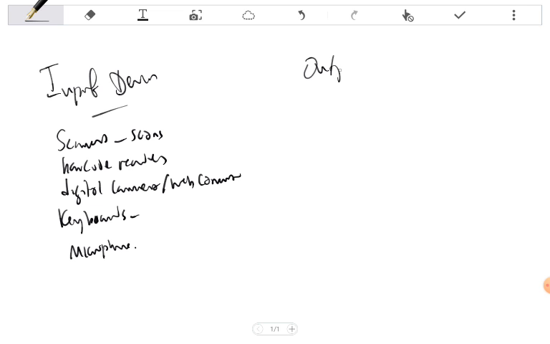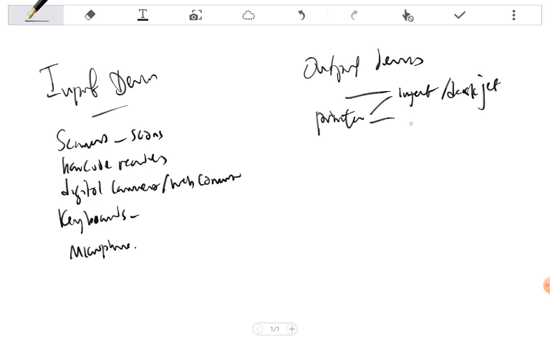Now let's take a look at output devices quickly. So when we talk about output devices, a very good example of output device would be your printer. We have different types of it. We have inkjet, we have deskjet, we have laserjet, then we have speakers also. It could be the headphone, it could be just the speaker.